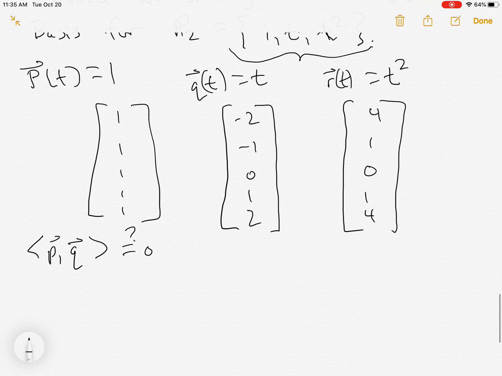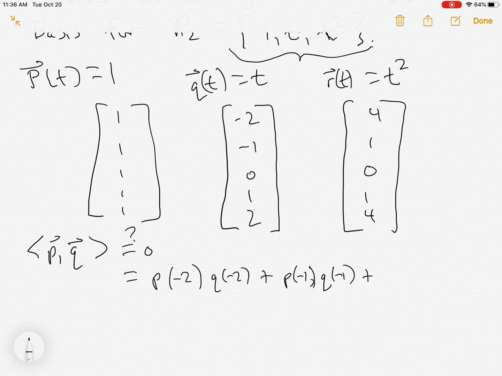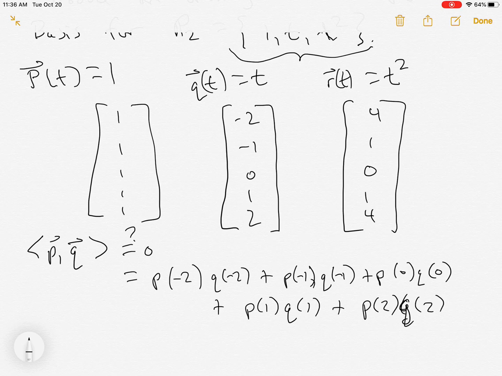So let's do this now. P dot Q is going to be P of minus 2, Q of minus 2, plus P of minus 1, Q of minus 1, plus P of 0, Q of 0, plus P of 1, Q of 1, plus P of 2, Q of 2.